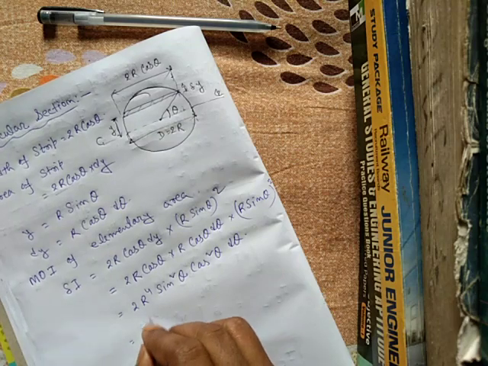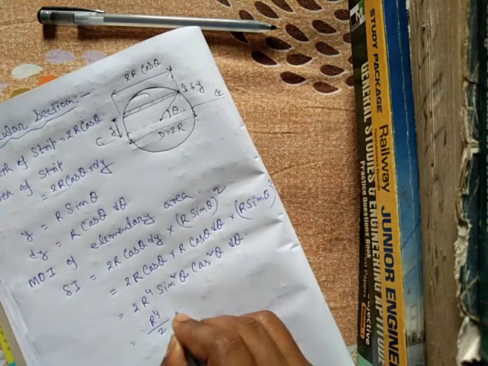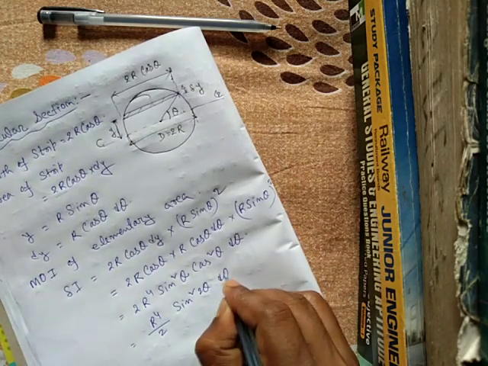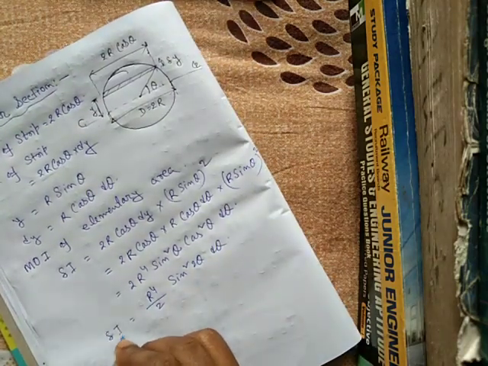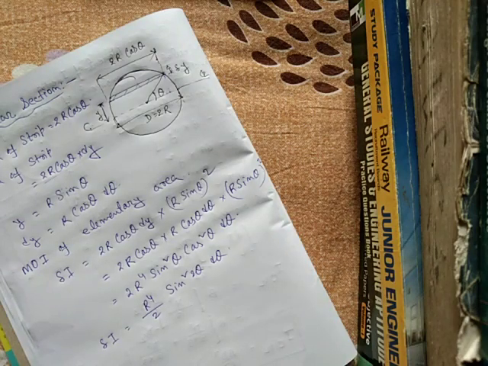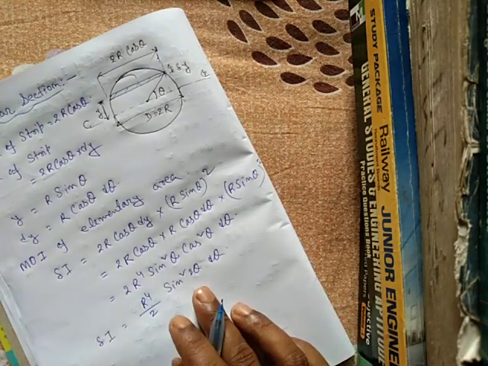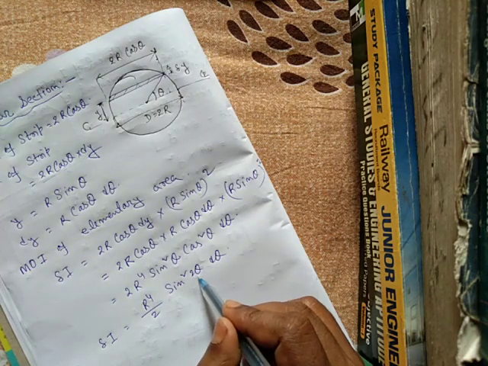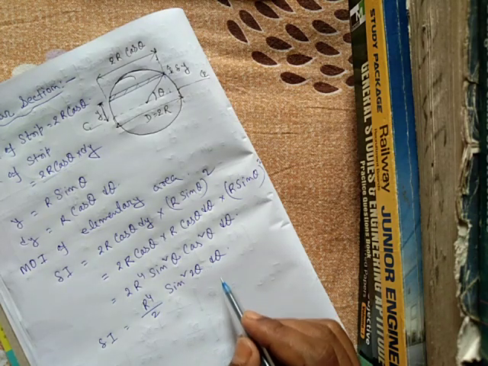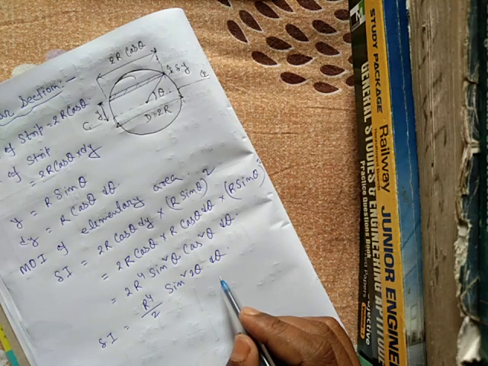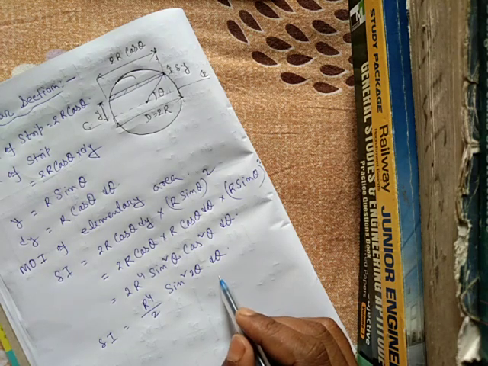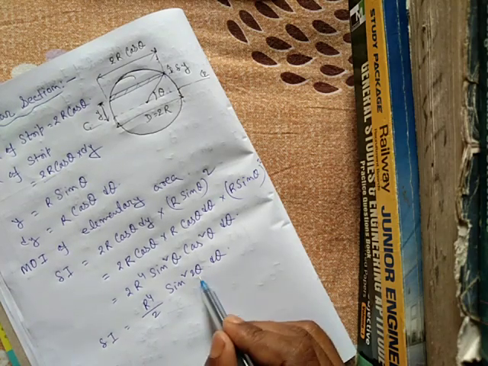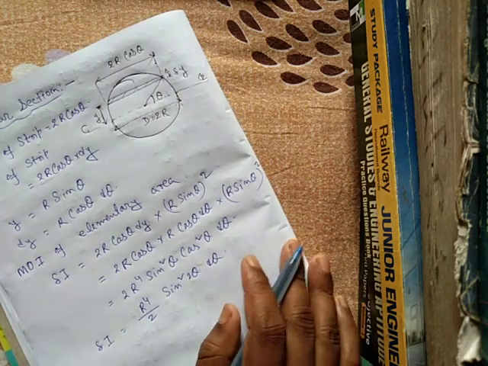This is equal to r to the power 4 by 2 sin squared 2 theta d theta, using sin 2 theta equals 2 sin theta cos theta.